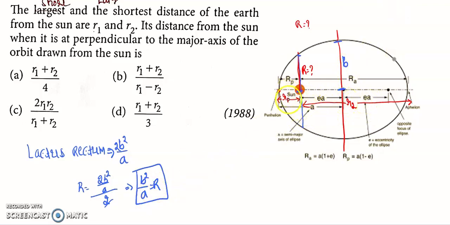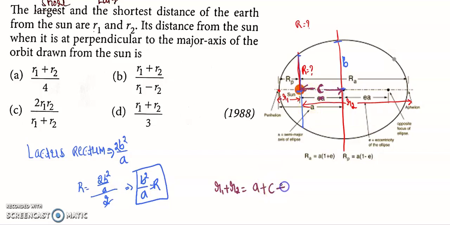So r1 plus r2: r1 is this distance, a minus c, which is equal to a plus c, where c is the distance from the center to the focus.